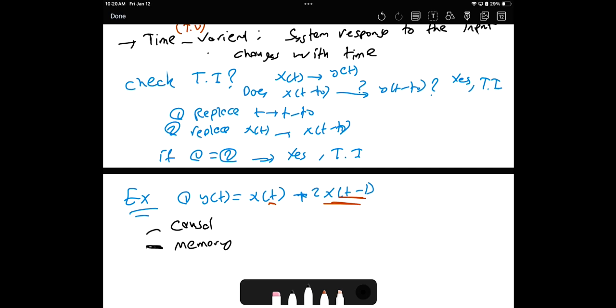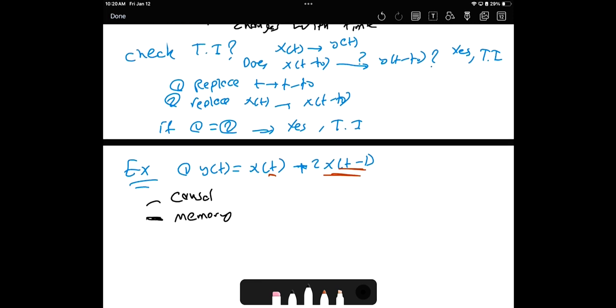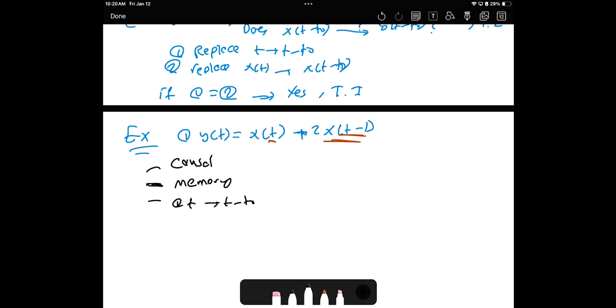Now the last thing we need to check is whether it is time variant or time invariant. Let's apply the first test, replacing t by t minus t0. The equation will be x of t minus t0 plus 2x of t minus t0 minus 1.